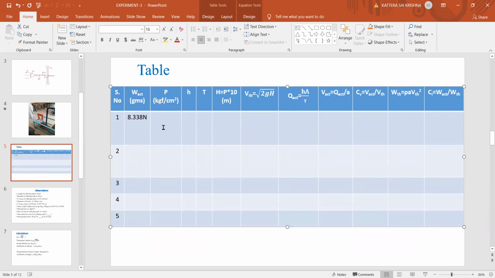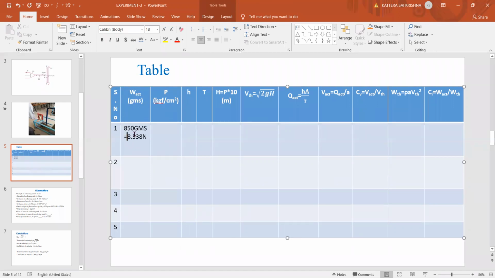Let me write like this, guys. 850 grams is equal to 8.338.